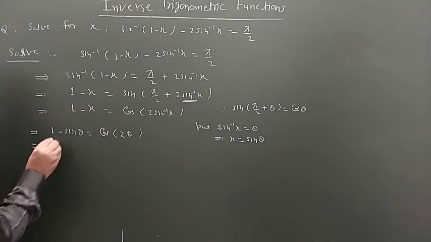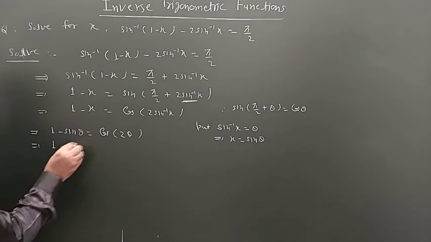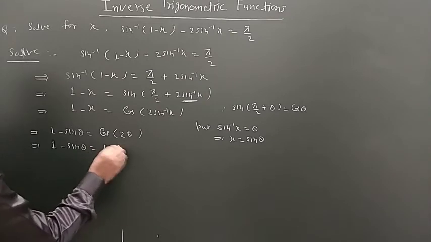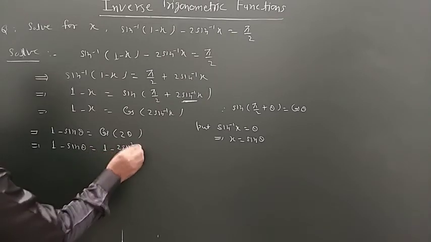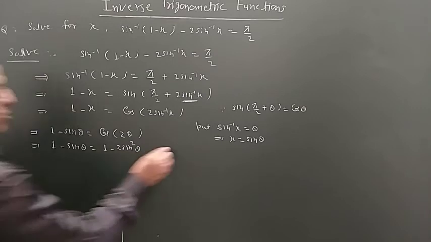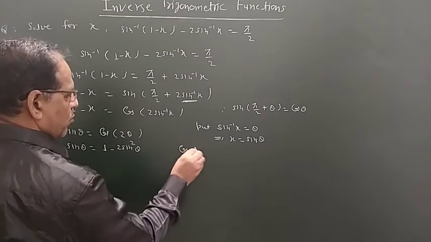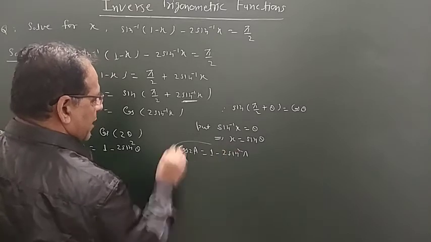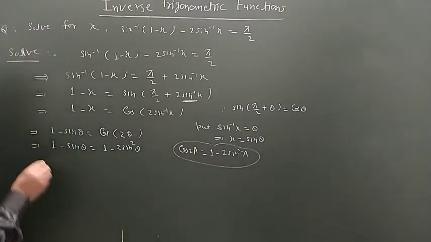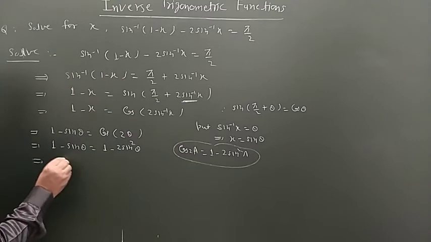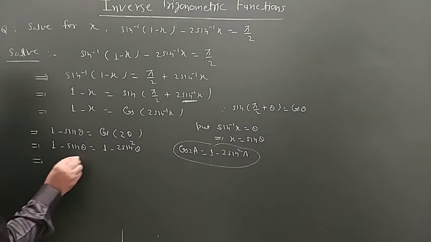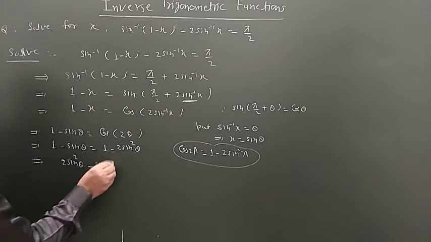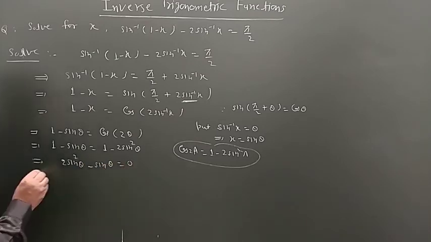Now this can be written as 1 minus sin theta equal to 1 minus 2 sin square theta. Use the identity cos 2a equal to 1 minus 2 sin square a. Now 2 sin square theta minus sin theta equal to 0.